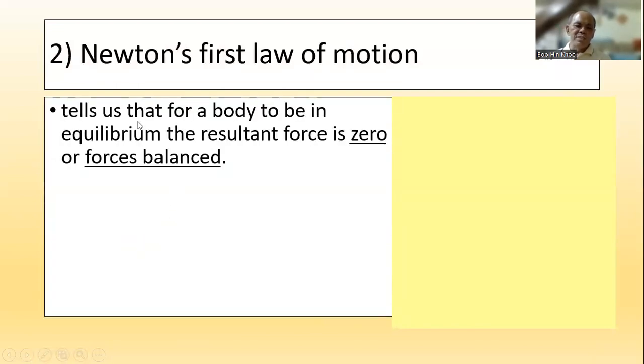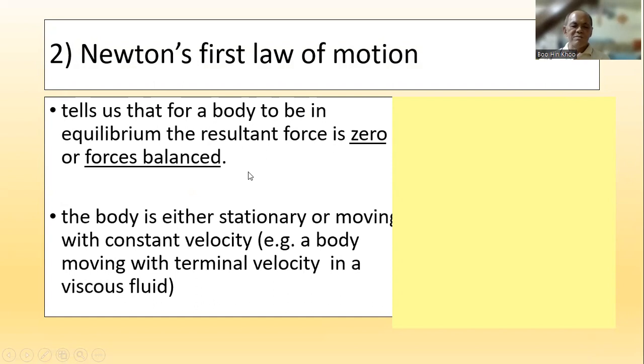Newton's first law tells us that for a body to be in equilibrium, the resultant force is zero, or forces are balanced. It may have forces, but they all balance out, no resultant force. The body is either stationary or, if it's moving, it's moving at constant velocity.